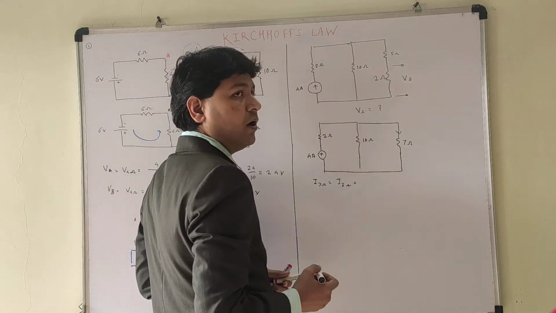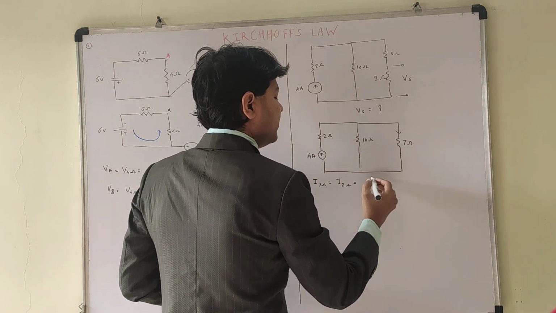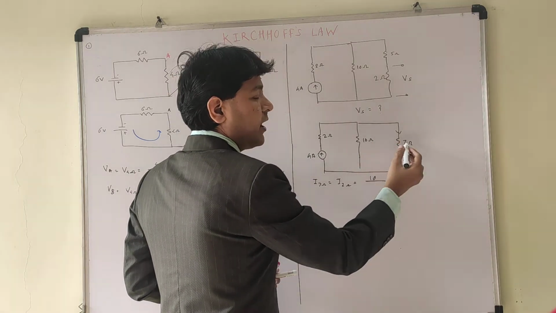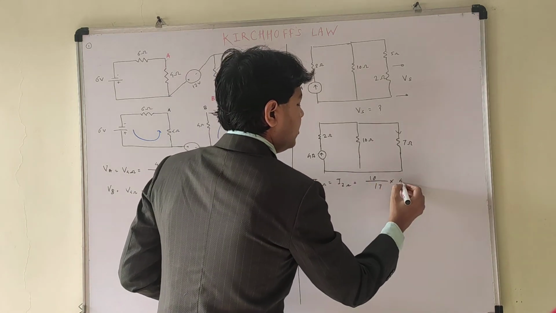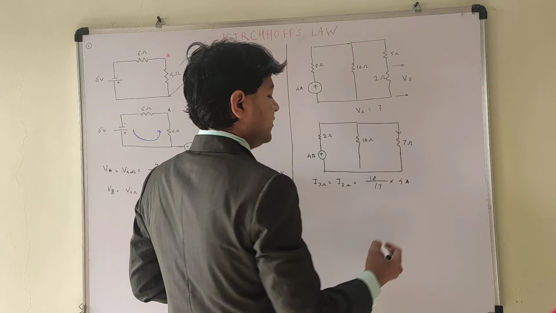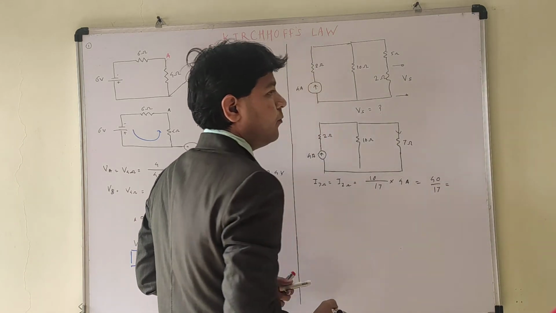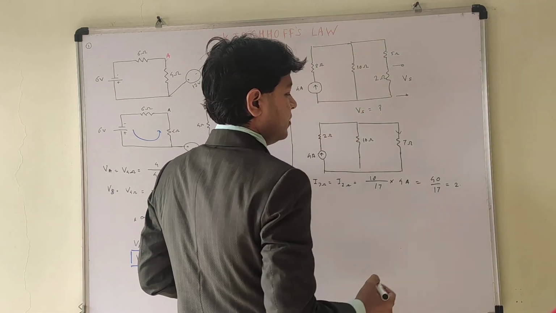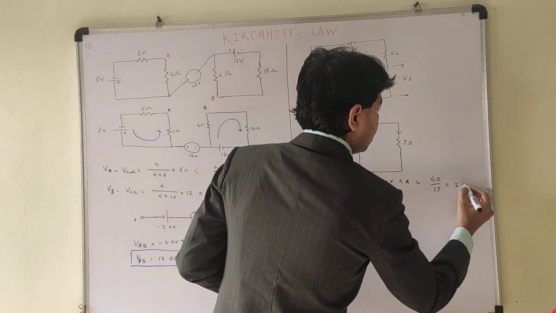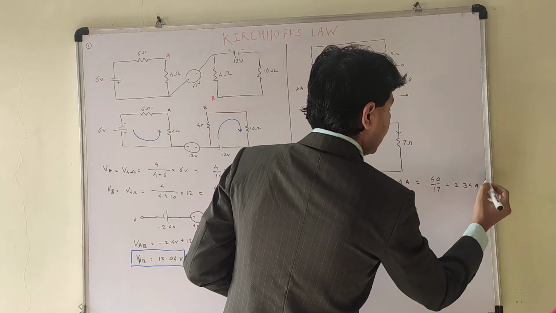So I will now apply the current division formula: the opposite resistor, that is 10, upon the addition of the two, that is 17, into the total current, 4 ampere. So this is 40 upon 17, which I think is coming 2.34 ampere.